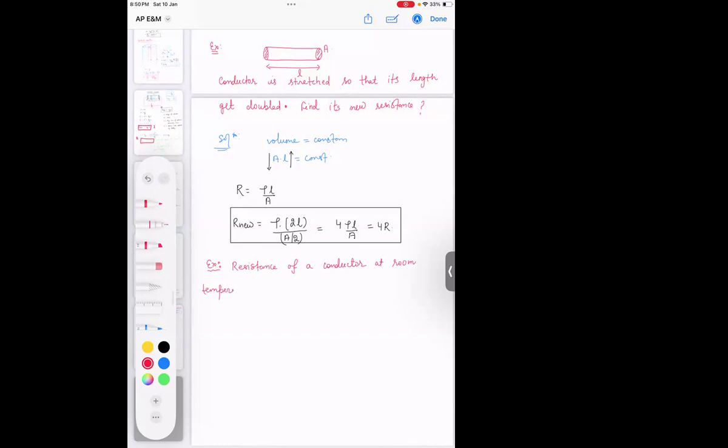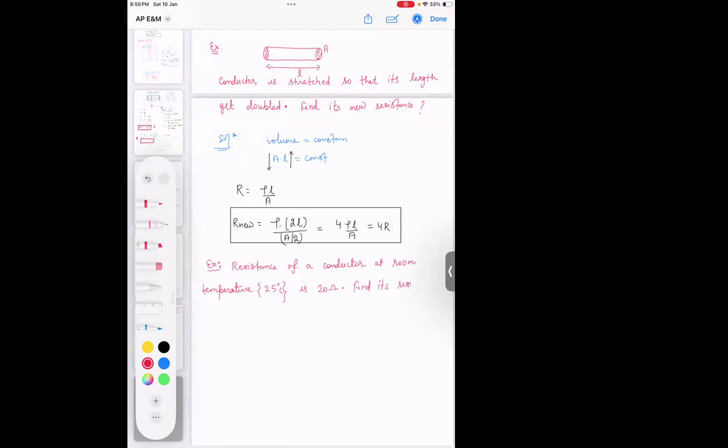What is the room temperature? Generally 25 degrees Celsius, or 27 degrees Celsius. Okay, at 25 degrees Celsius it is 20 ohm. Find its resistance.